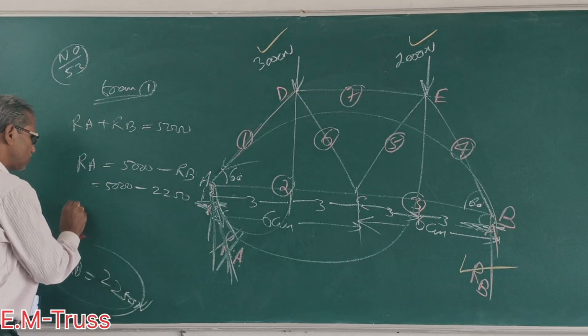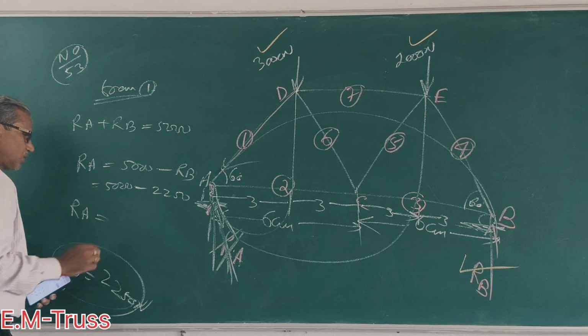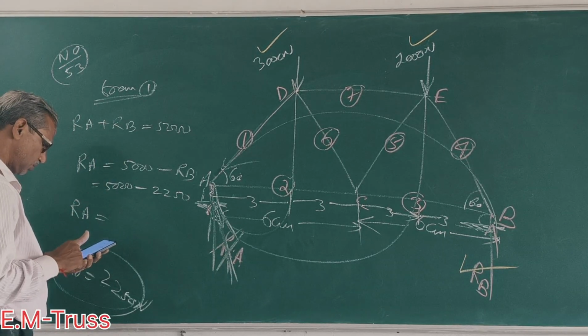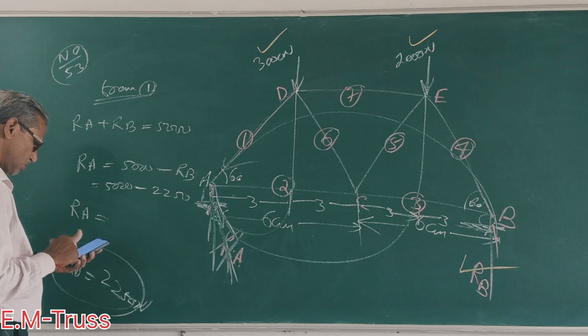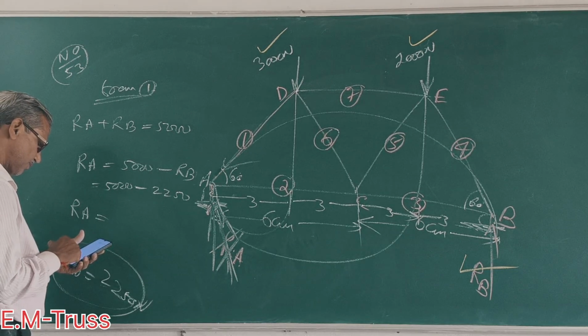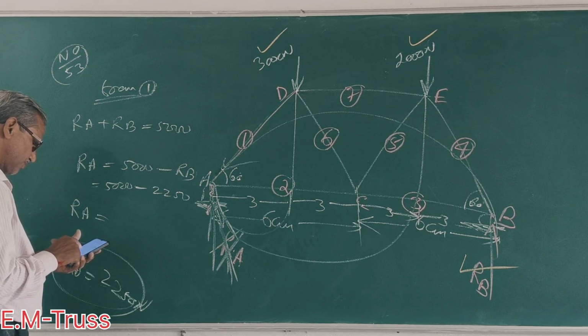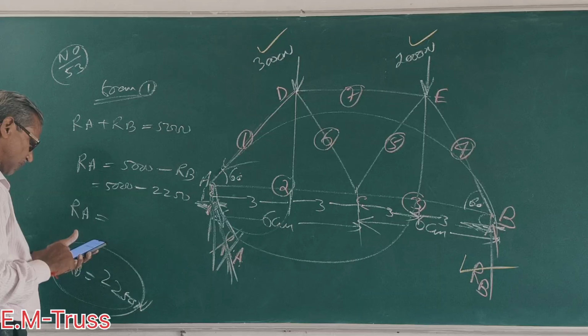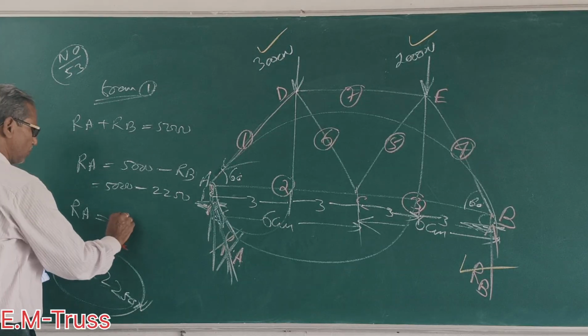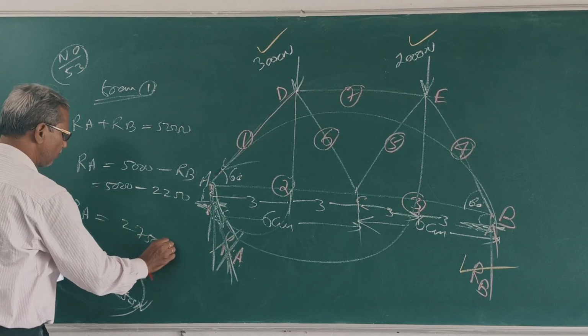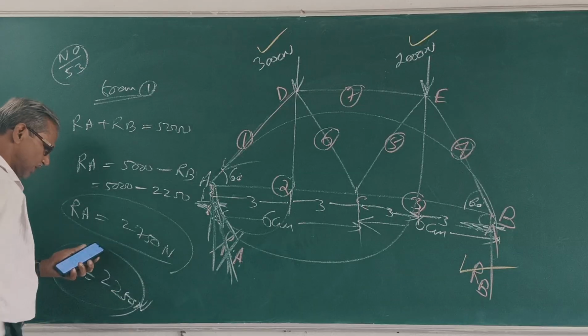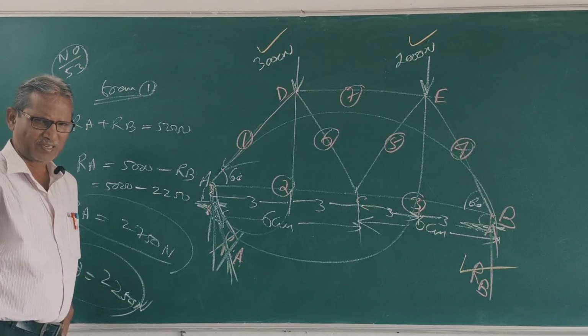So RA is equal to 5000 minus 2250, which is 2750 Newton. Clear? Both RA and RB answers are found.